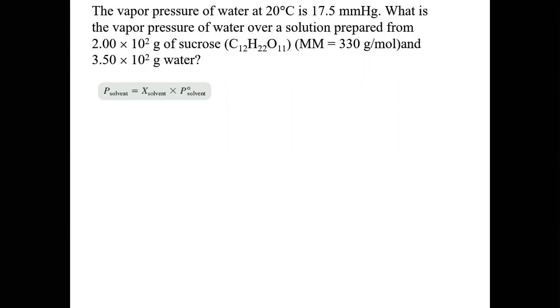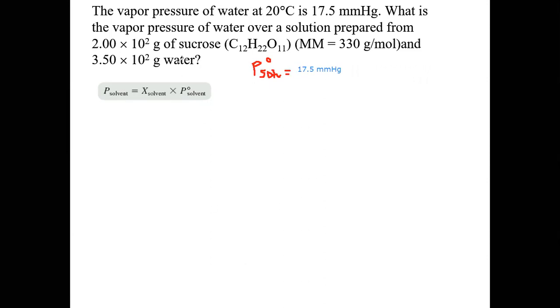The vapor pressure of the pure solvent is 17.5. So if I was to write this down, we know that the pure solvent is 17.5 millimeters of mercury. So that's the vapor pressure of the pure solvent with no solute.